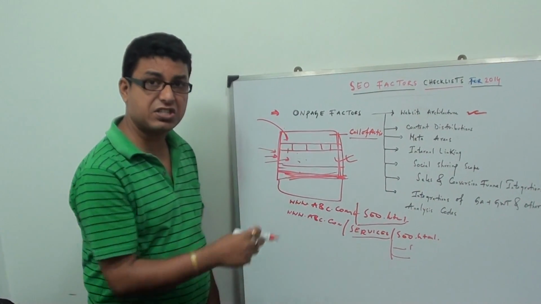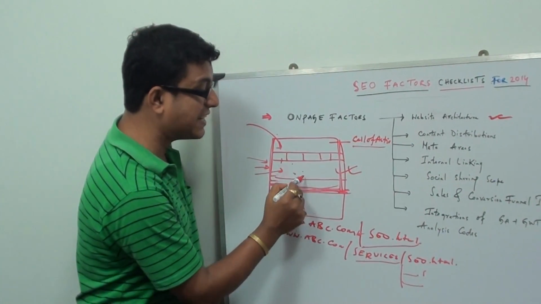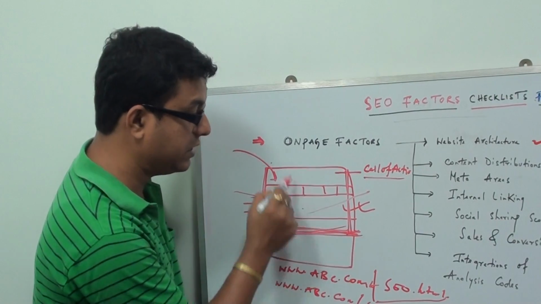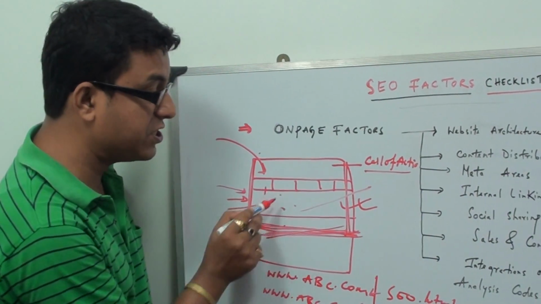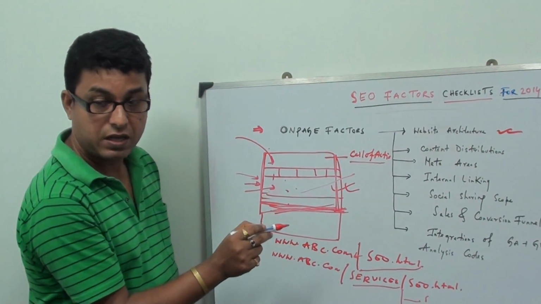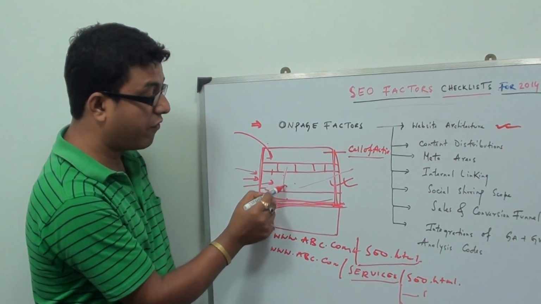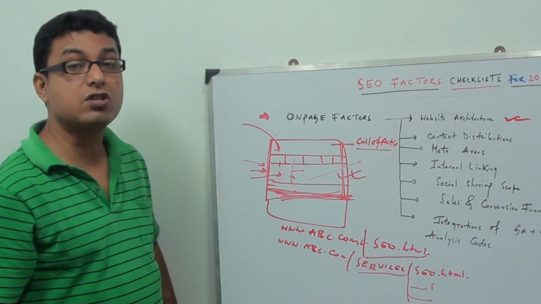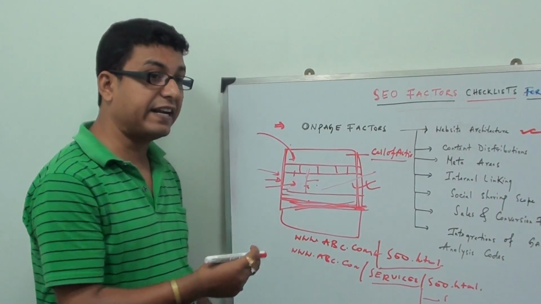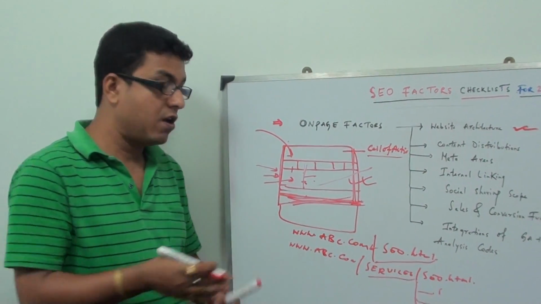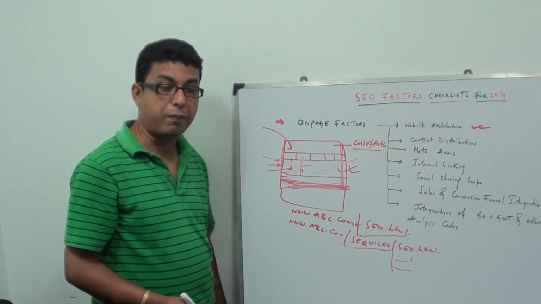So that is the website architecture you will think of. And also the internal pages: how in your website you are passing information to visitors through the internal pages, what architecture you are offering, and how user friendly it is. Whether they are getting the end information very easily from your website homepage.